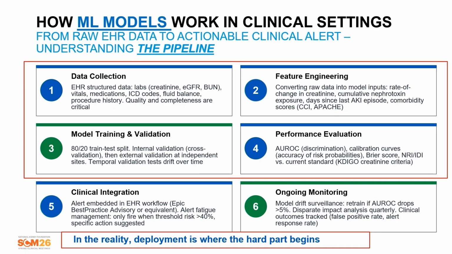And after that, when you have the model, it's not finished right there. You also need to think about clinical integration and monitoring after model deployment. That is actually the hardest part. As you see, 99% of the models that are developed and published never get integrated. And that is the part that we need to work on.